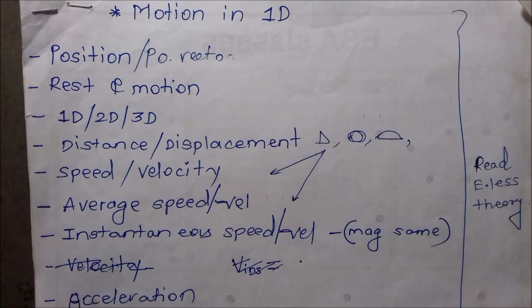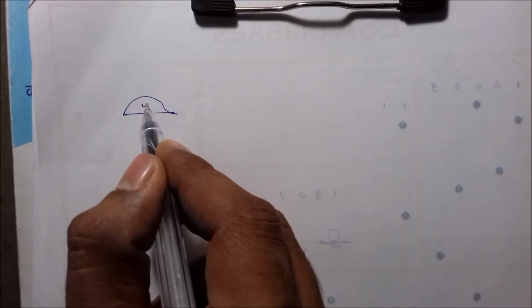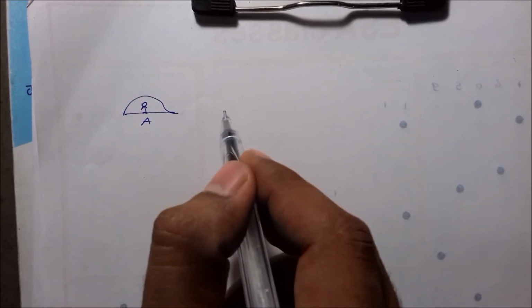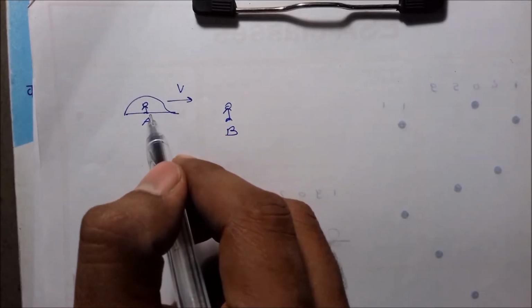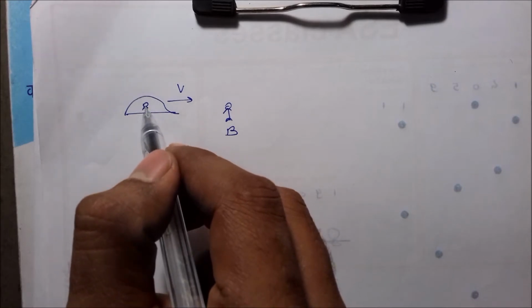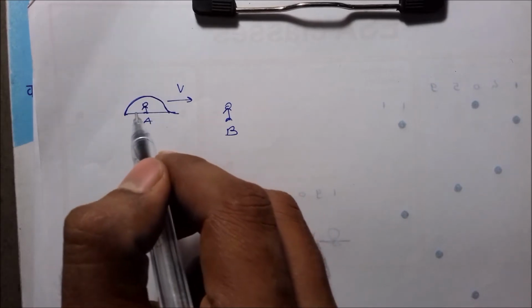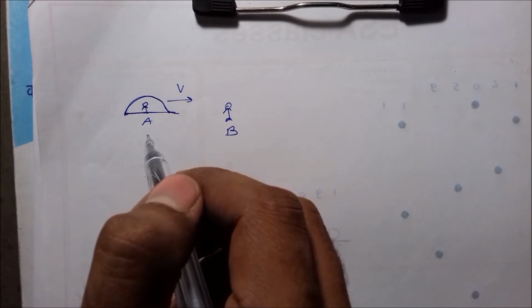Same object can be in motion or can be at rest with respect to different observers. If a man is sitting inside a car, and the car is moving with velocity v, and there is another man outside the car, then for the man inside the car, the car is at rest.